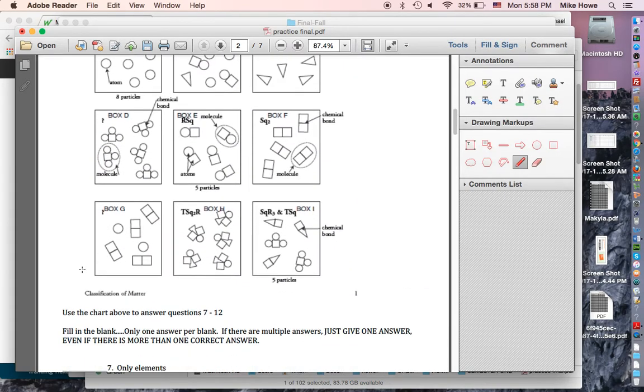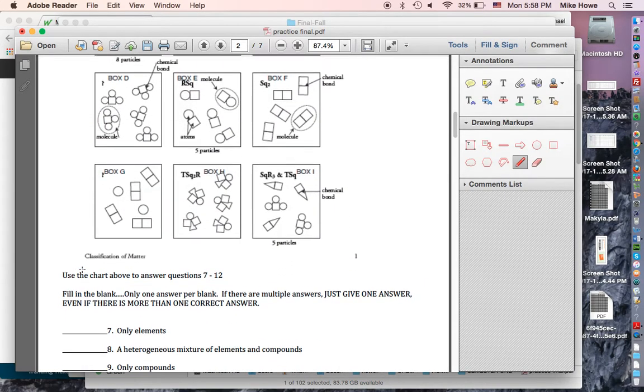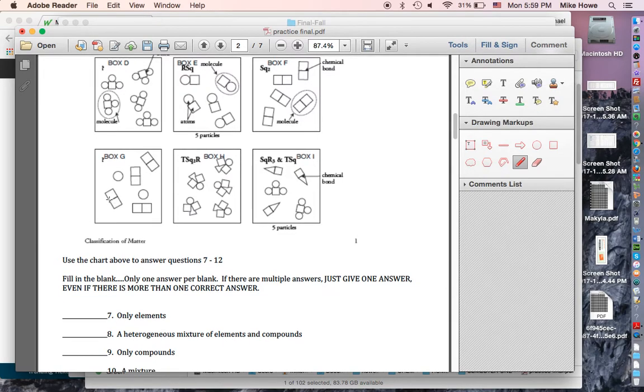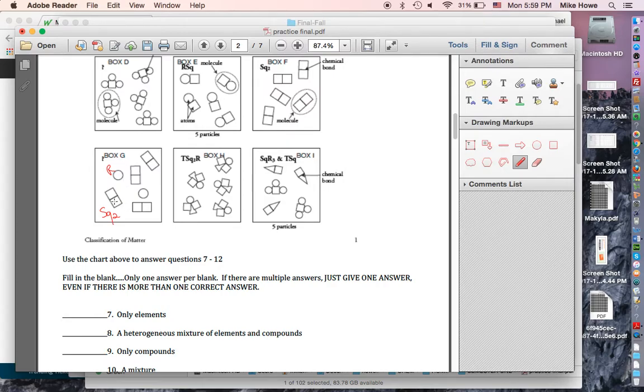Now down here, I'll just keep going through for 7 through 12. Only elements. Elements would be something with only one kind of atom. Does box G have only one kind of atom? Yeah, because it doesn't say that it has to be a pure element. It says only elements. Since this is SQ2, and that means there are two squares, this is an R. So this is just one kind of atom, and this is just one kind of atom.